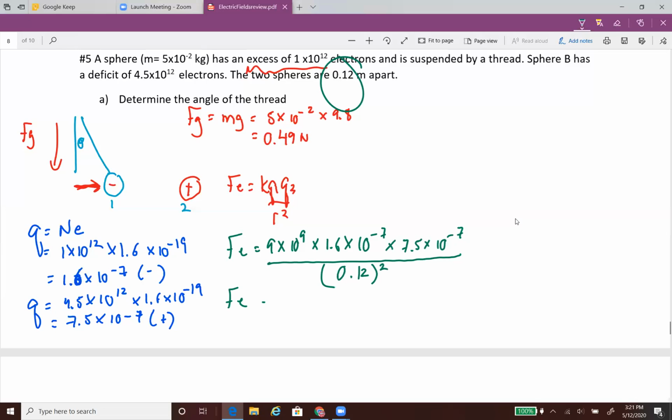So that would give us approximately a force of about 7.2 times 10 to the minus 2 newtons.